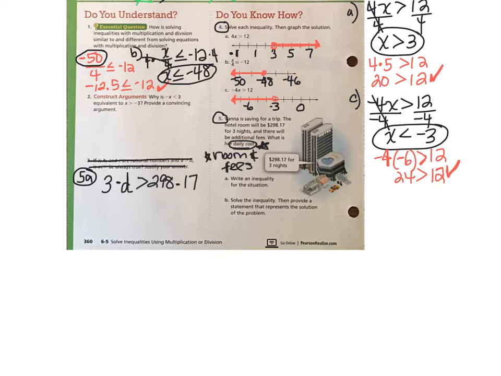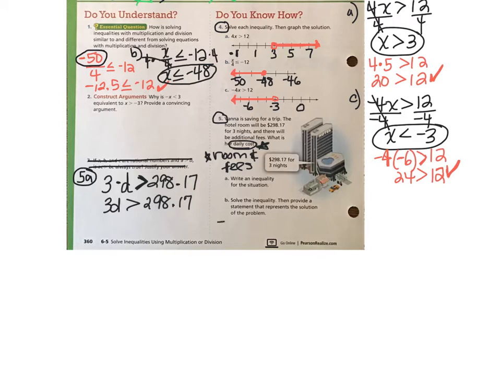So we know that her daily cost is going to be greater than $298.17 when we multiply that by 3. So first, our inequality situation in number 5 is 3D is greater than $298.17, because remember, the $298.17 only represents the amount of money she's spending on the hotel room.